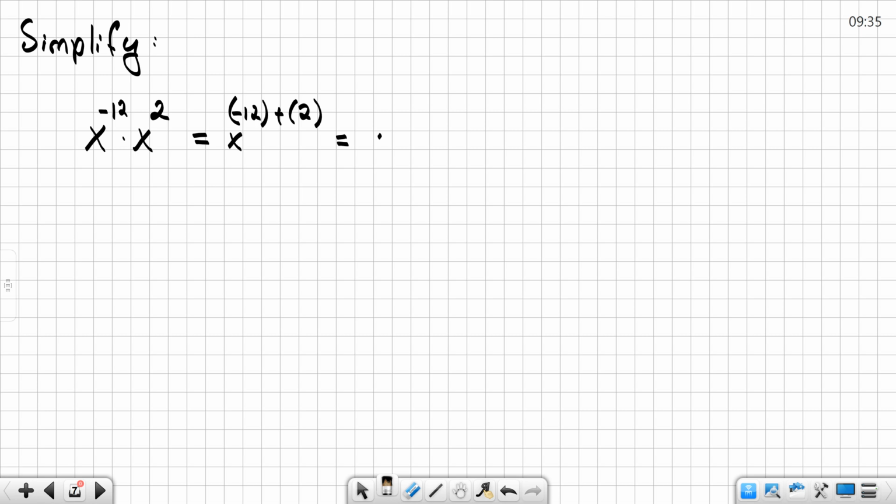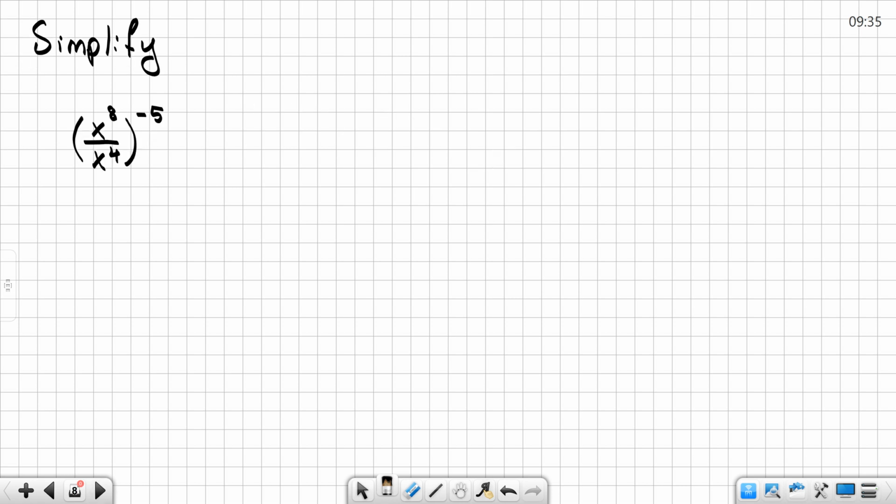That will sometimes help you, specifically when there are negative numbers showing up. So I have a negative 12 plus 2, that would be a negative 10. Now I still have a negative exponent. That cannot happen when I'm supposed to simplify. So I fix the negative exponent by simply moving the whole thing into the denominator.